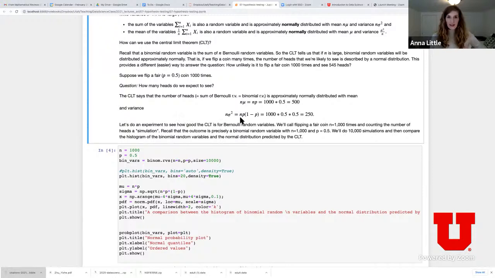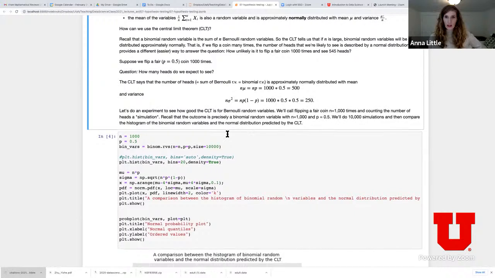And the variance is n times sigma squared, or n times p times 1 minus p, because that's the variance for the Bernoulli, and that is 250. So this binomial distribution is approximately normal with a mean of 500 and a variance of 250. Let's see how good that approximation is.